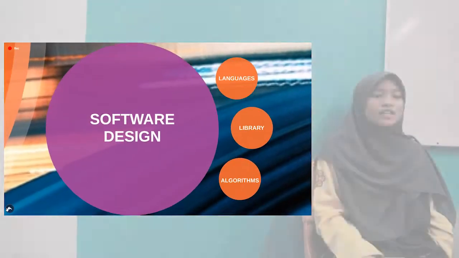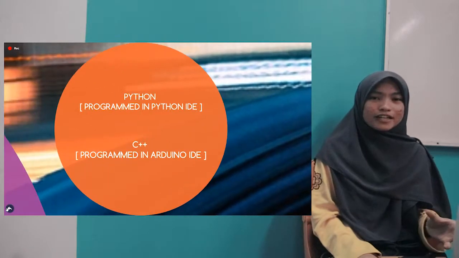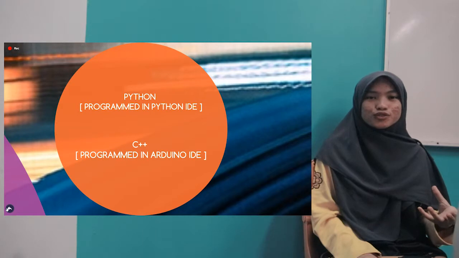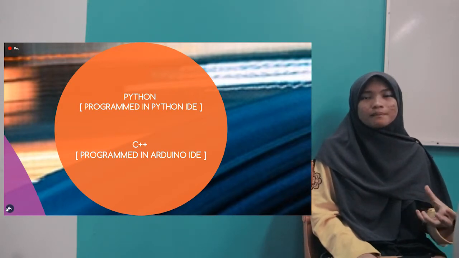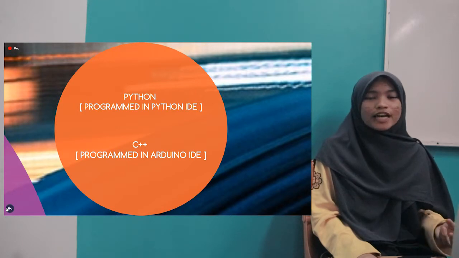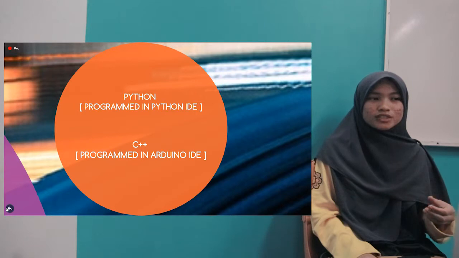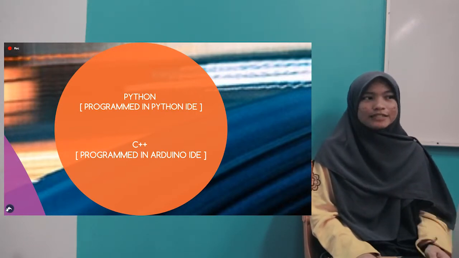For the software design, we are going to use the Python language and the C++ language for performing the codes. For Python, we are going to perform image processing coding, while the C++ language will be used to control the motions of the motors using the Arduino IDE.